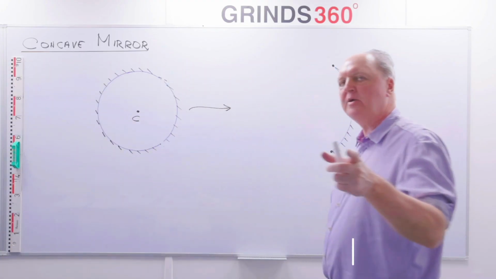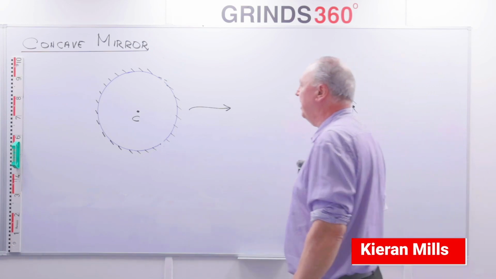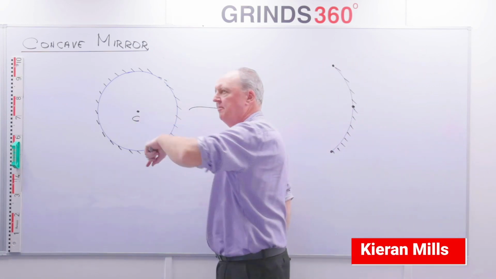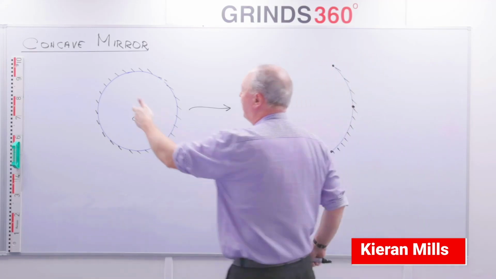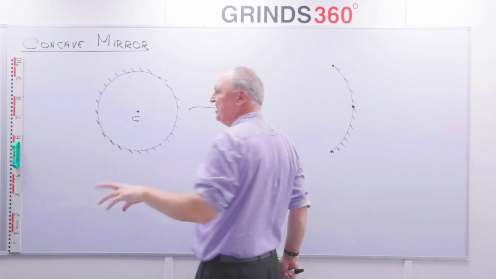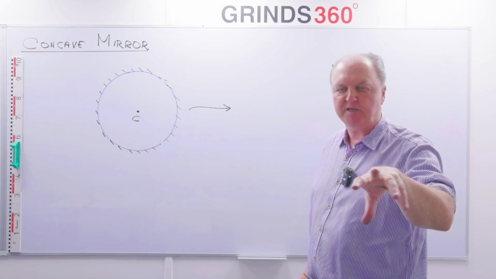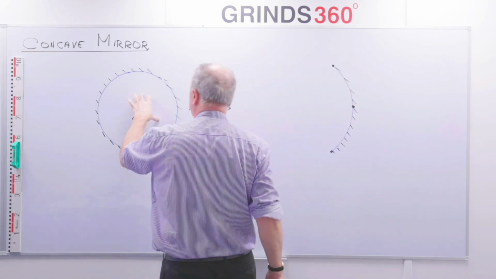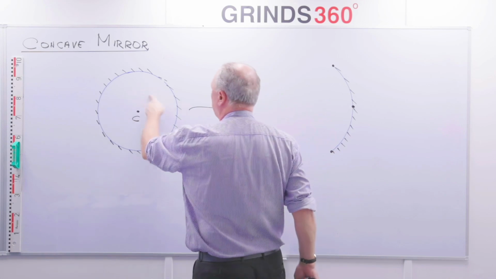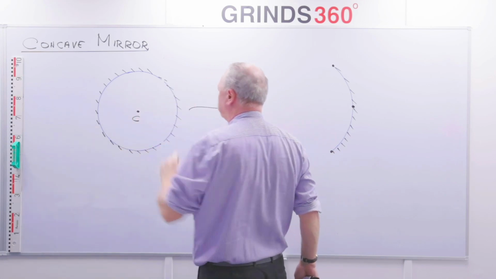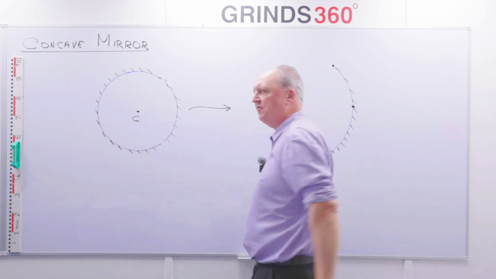How do you make a concave mirror? Well, if I take a sphere or a football and I turn it into a mirror so that the outside of the football, that's the back of the mirror, the non-reflecting part, and the inside of the mirror, that's the reflecting part. So if you shone a torch in there, the light would go all over the place. There's the center of my sphere.